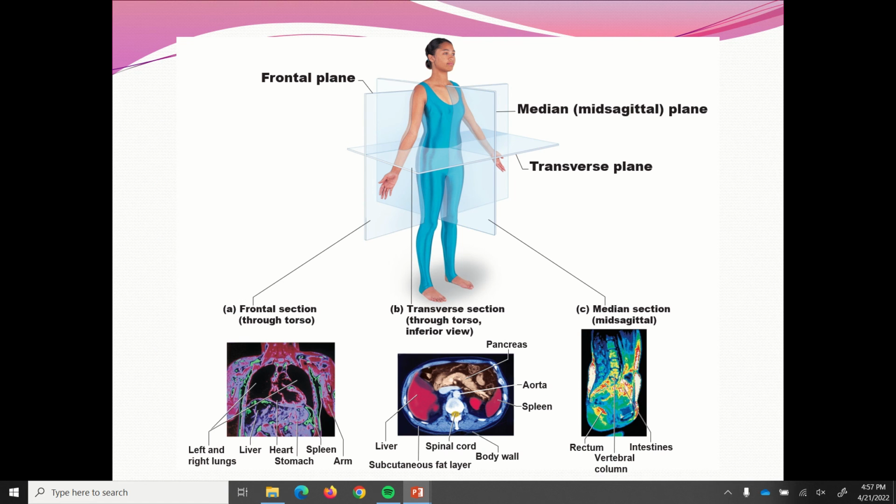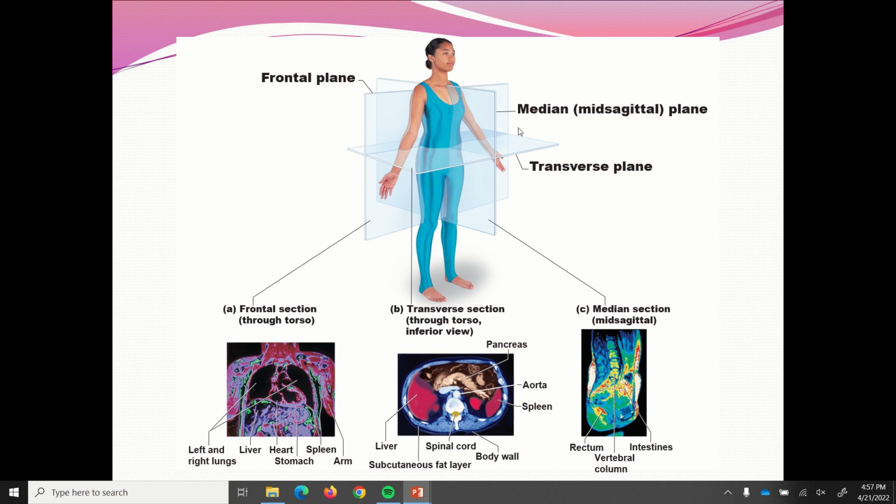This illustration shows the sagittal plane running along the midline of the body. So the mid-sagittal plane is the very specific term for that. And this divides the body into right and left halves. The frontal or coronal plane divides the body into anterior, aka ventral, and posterior, aka dorsal halves.